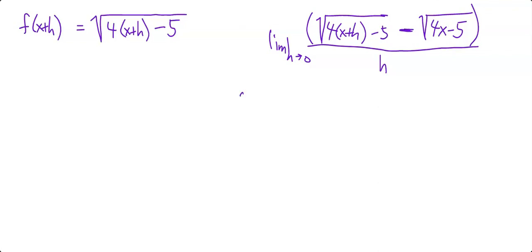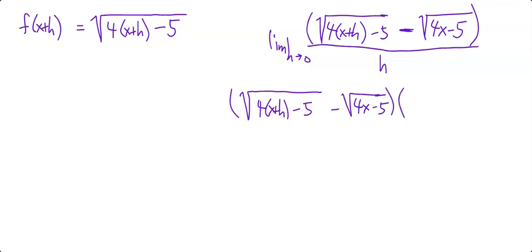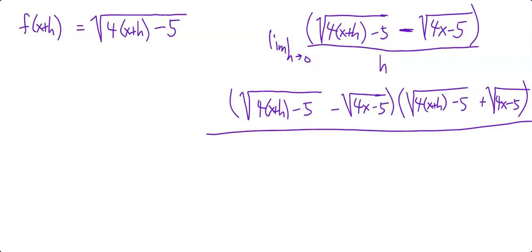When I do this, the square root of 4(x plus h) minus 5 minus the square root of 4x minus 5, and I multiply that by the square root of 4(x plus h) minus 5 plus the square root of 4x minus 5. Then on the bottom I've got h times the square root of 4(x plus h) minus 5 plus the square root of 4x minus 5.